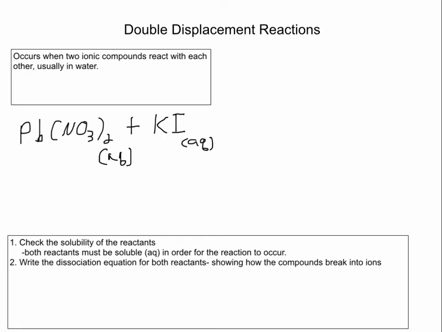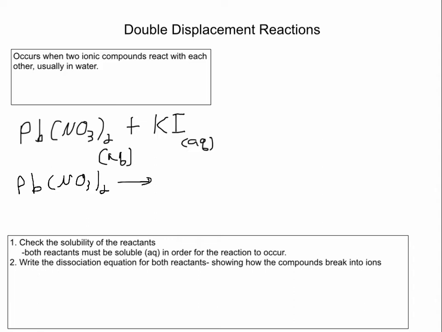To do this, let's start with lead nitrate, Pb(NO3)2. The dissociation equation just means when we put this compound into water, we know because it's soluble, it will split into ions.